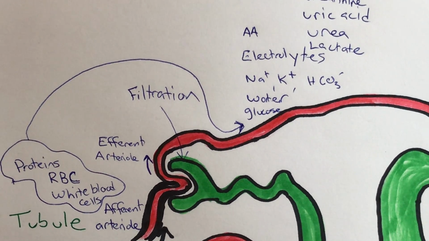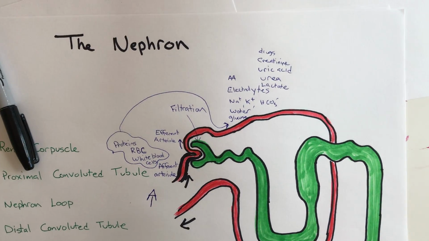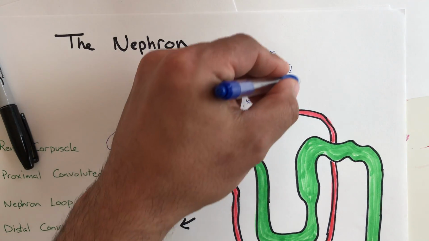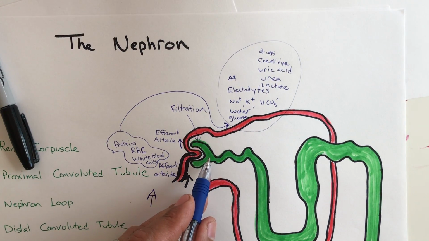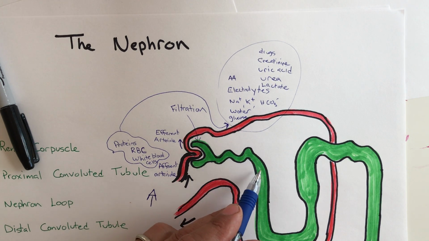So all these different things, as long as they're small enough, they will filter through and enter the renal tubule. That's this green.